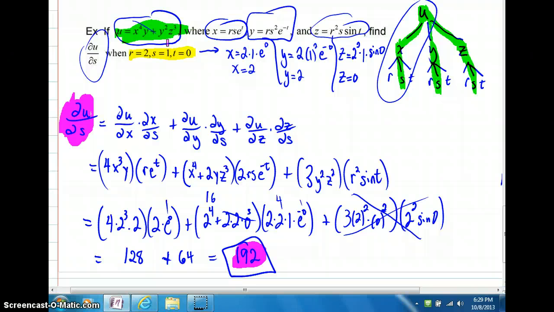That means, think of it as 192 over 1. For every increase of 1 unit of s, u would increase by 192. So that's just putting some things into perspective.